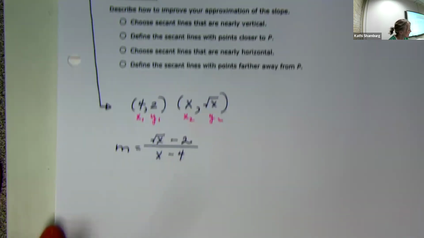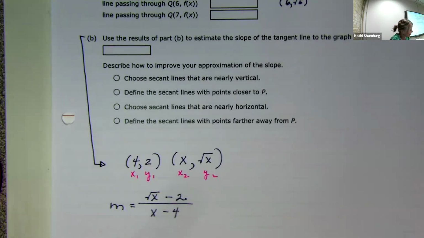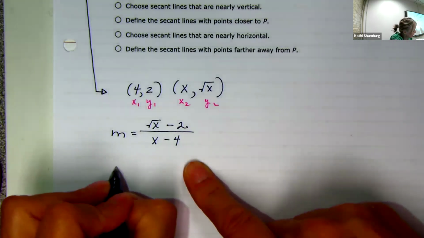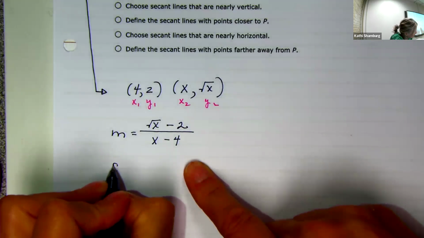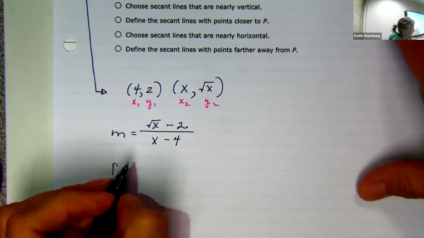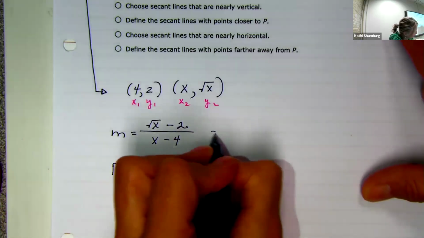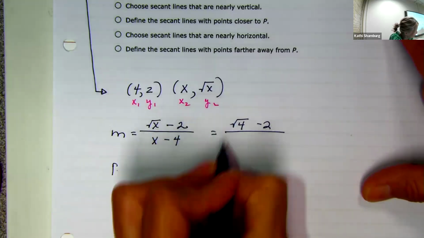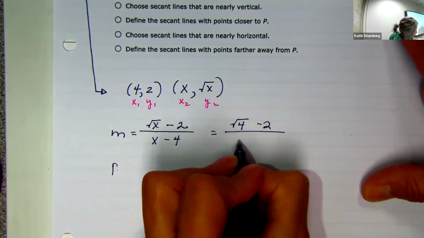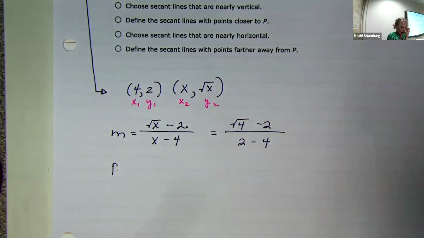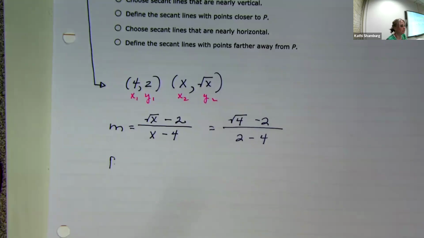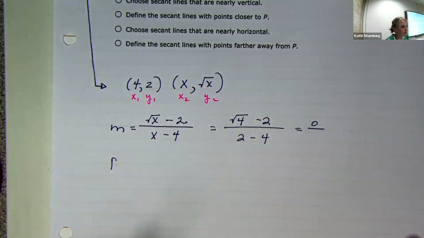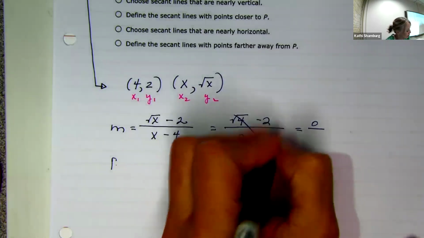Now, at this point, you could plug in the point (4, 2), so you could do the square root of 4 minus 2 over 4 minus 4, but what's going to happen? We'll get 0 over 0. We know our slope's not 0. Okay, so I can't do that.